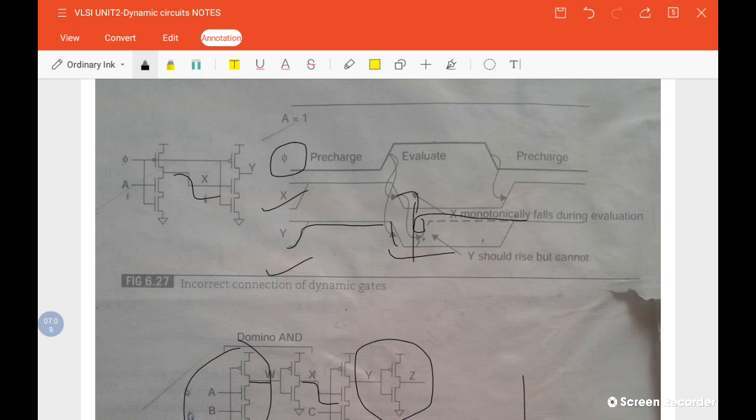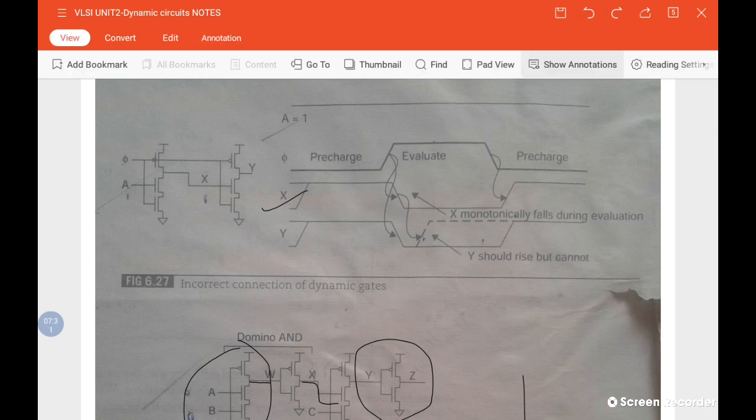But instead of rising, it is staying in the same low position. So this problem will happen when we connect the dynamic gates in series. So this is violation of monotonicity. Due to this reason, we can't connect the dynamic gates directly in series.